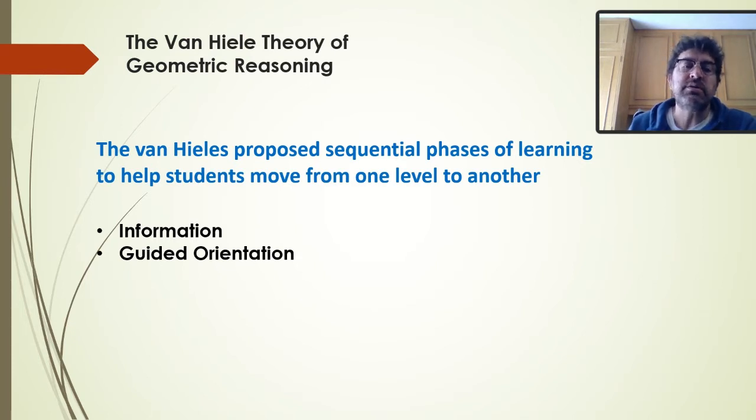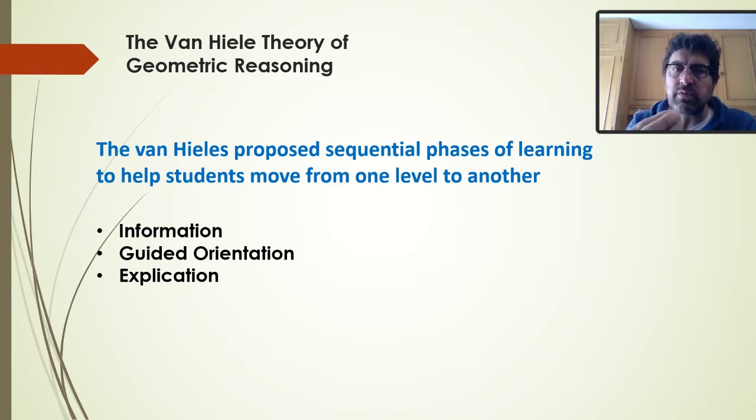Then you go into the second phase, which is guided orientation. And that's exactly what it does. You do not tell learners, yes, you're wrong, or no, you're right, or do this or do that. You guide them to orientate them towards what it is that you want them to think and to reason. Then you foreground what is important that they experience during the first two phases.